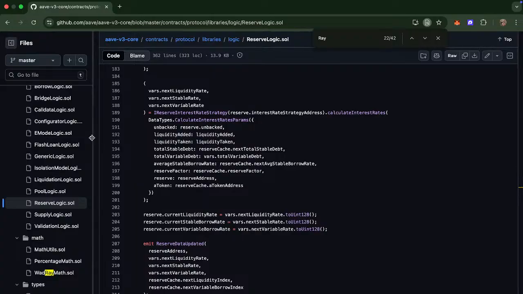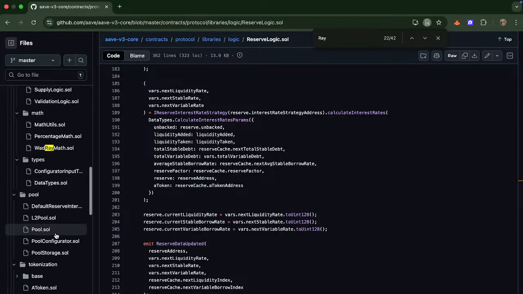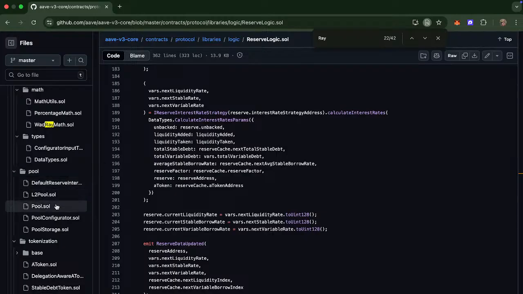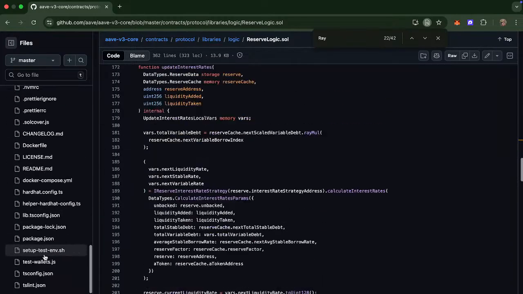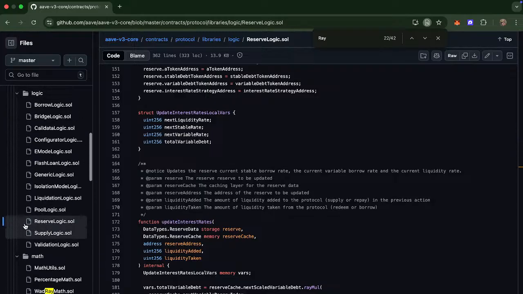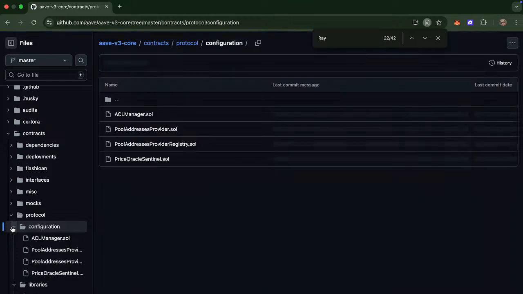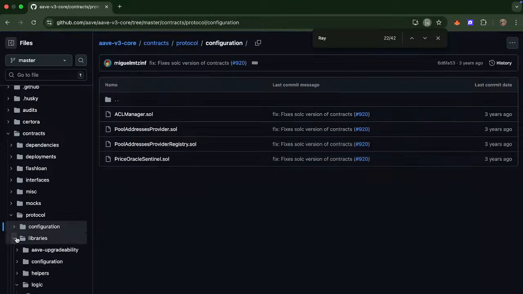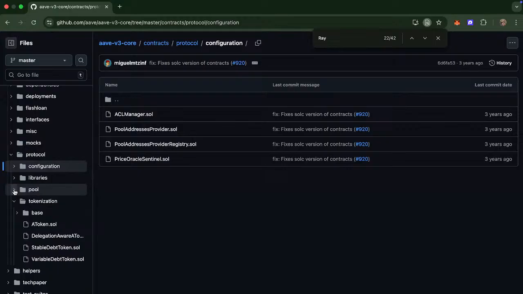Calculate interest rate parameters on reserve interest rate strategy. Types: pool, under pool, pool storage, default pool, tokenization, helper, tech paper, mocks, protocols, configuration, libraries, pool, under pool.